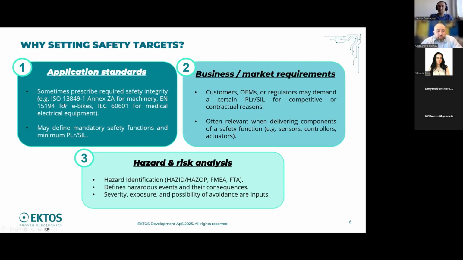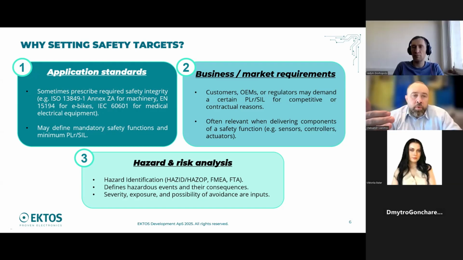You can see some of the standards like machinery 13849. Then we have 15194 for e-bikes we have been working with recently, and EN 60601 for medical electrical equipment. Those standards may prescribe for your specific product some safety targets.